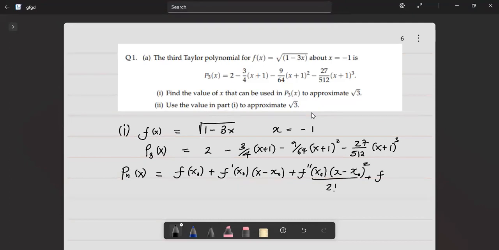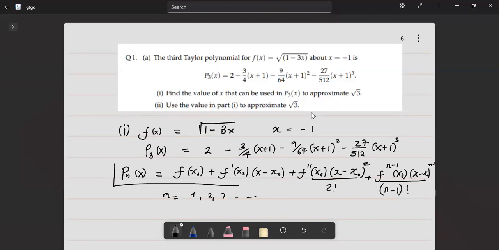Okay, so this will be the n minus 1 derivative at x naught, times x minus x naught to the n minus 1, divided by n minus 1 factorial, where n moves from 1 to infinity. Okay, so that's the expansion for the Taylor polynomial series.